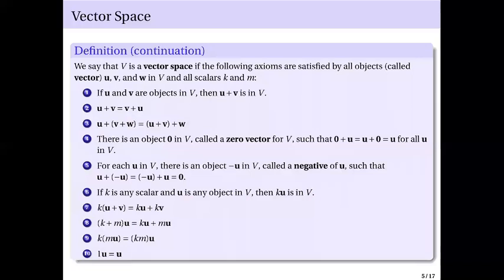In axiom 1, you have 2 objects, you can add them, but the axiom tells us that the sum must also be in V. For number 6, you got a scalar and an object in V. If you do the scalar multiplication, k as a scalar, u as the object, then that object ku must also be in V.